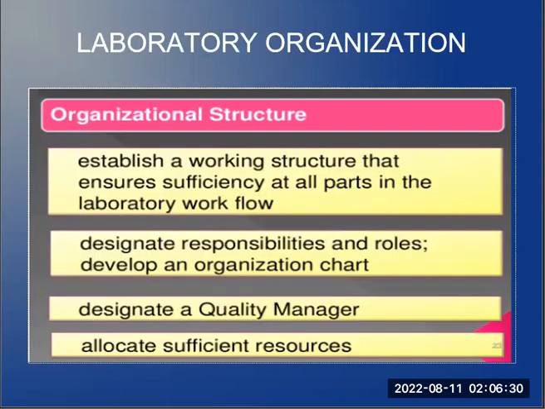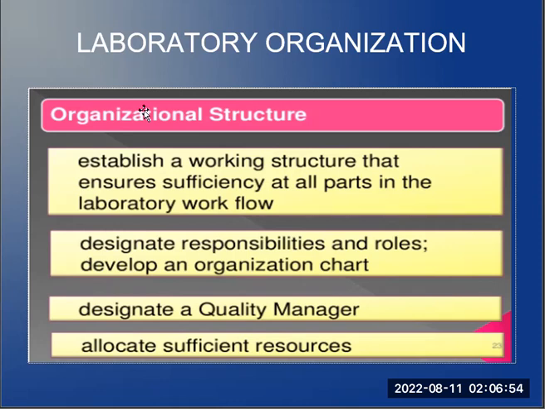So next, the first topic is laboratory organization. Organizational structure establishes a working structure that ensures sufficiency in all parts of the laboratory workflow. It designates responsibilities and roles and develops an organizational chart.